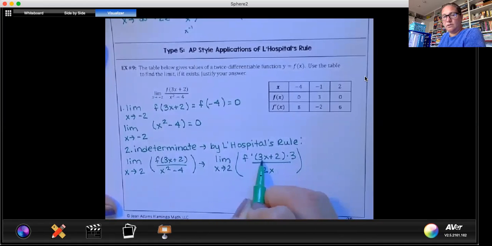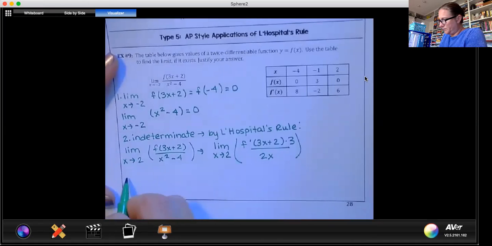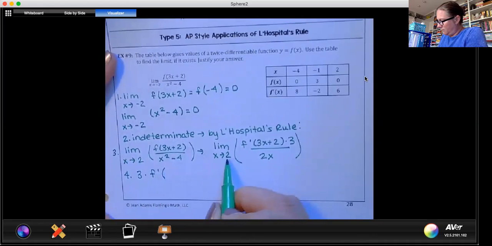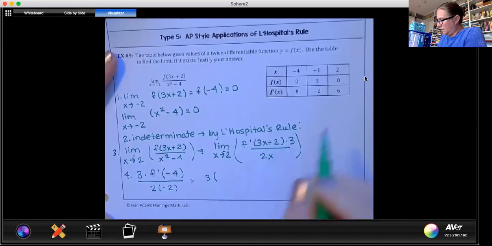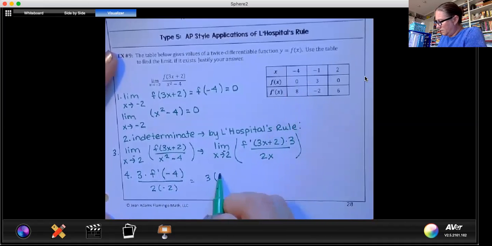The 3 comes from the derivative of the inside. That would be step 3. Step 4, 3 times f prime of, sorry, these are negative 2's, negative 4 over 2 times negative 2, is 3 times f prime of negative 4, which is 8, over negative 4, which is negative 6.